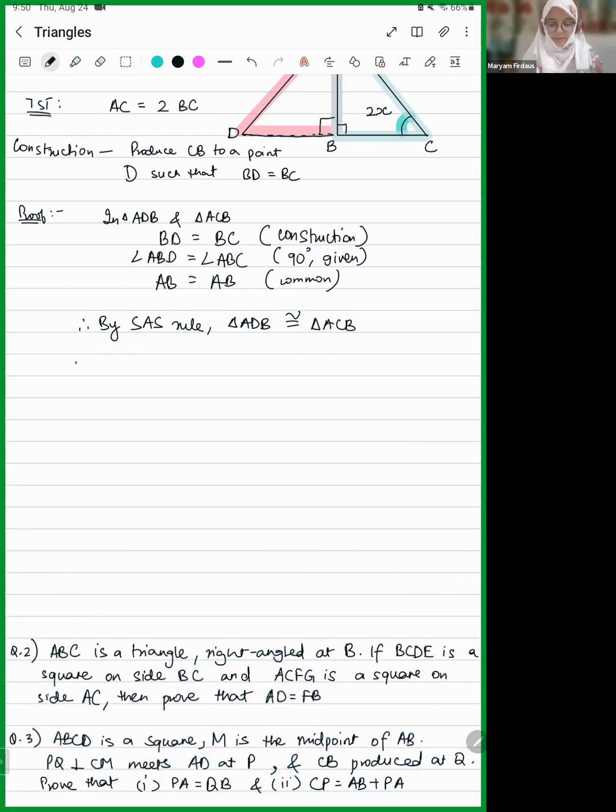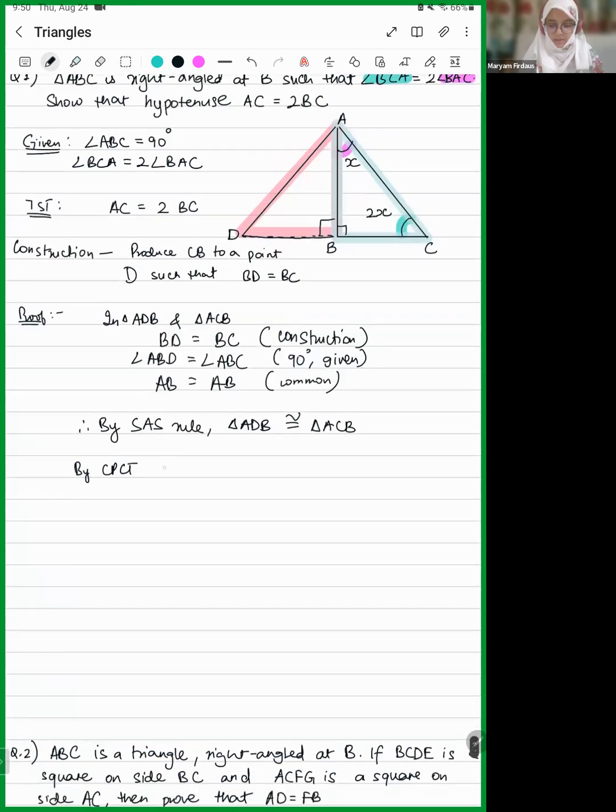Now, by CPCT, two things are going to be equal. This angle DAB. Which one is angle DAB? This one, which I just showed. Angle DAB is going to be equal to x, because these two triangles are congruent.